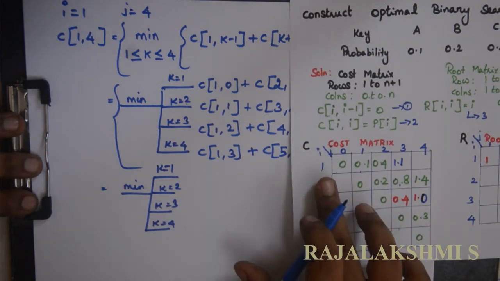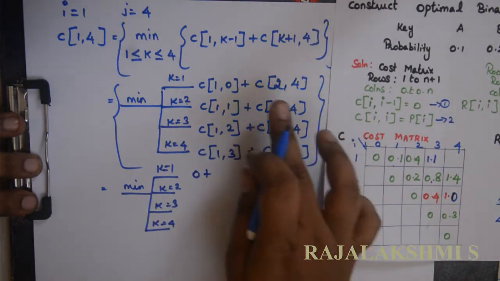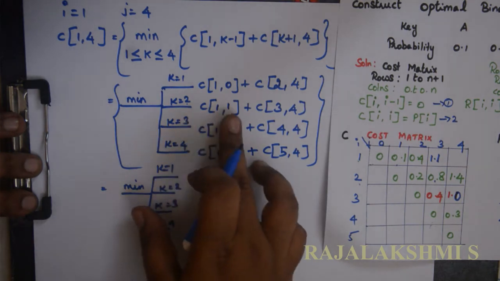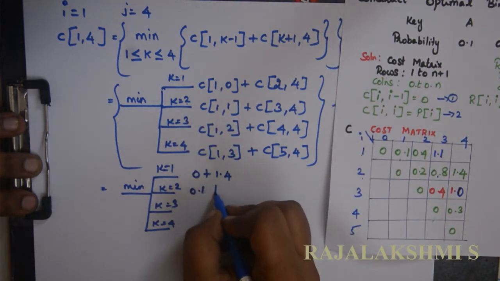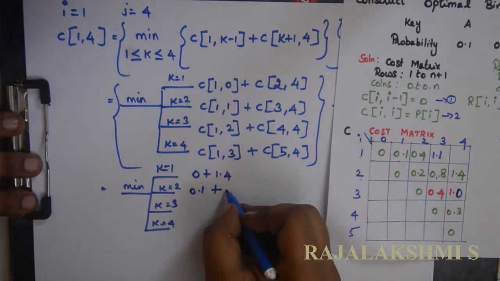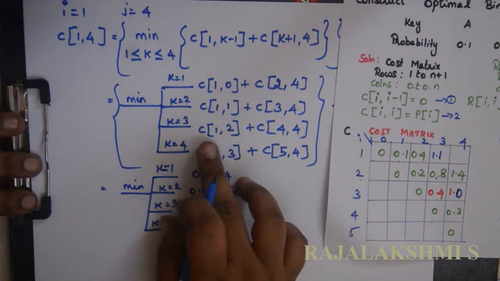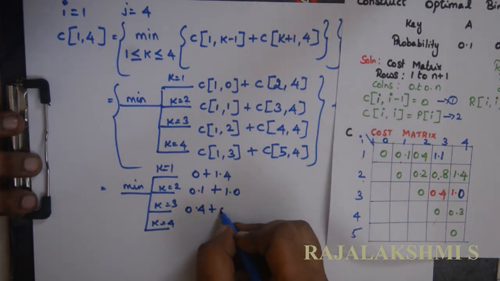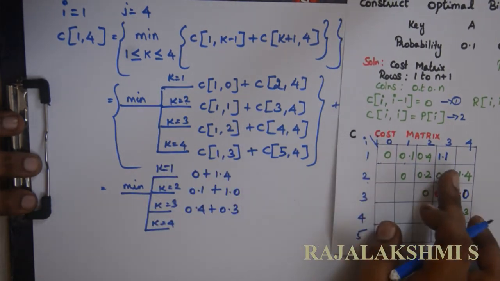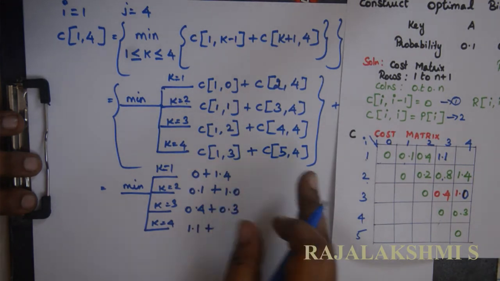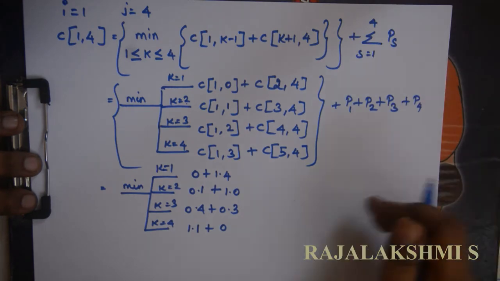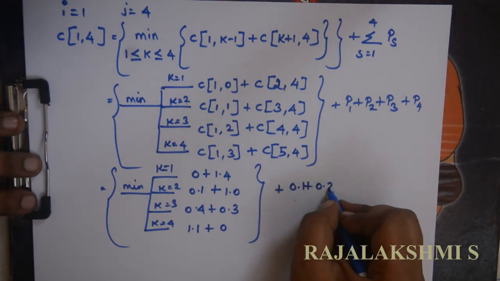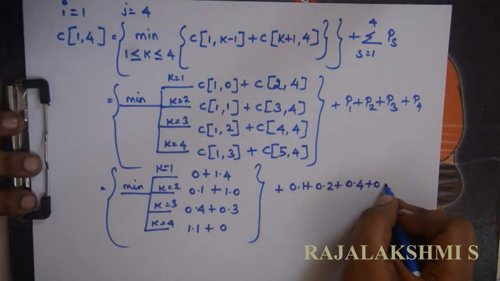So C of 1 comma 0 is 0 plus C of 2 comma 4 which is 1.4, and then C of 1 comma 1 which is 0.1 plus C of 3 comma 4 which is 1.0, then C of 1 comma 2 which is 0.4 plus C of 4 comma 4 which is 0.3, and then C of 1 comma 3 which is 1.1 plus C of 5 comma 4 which is 0, plus 0.1 plus 0.2 plus 0.4 plus 0.3.